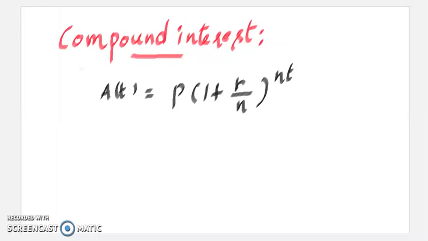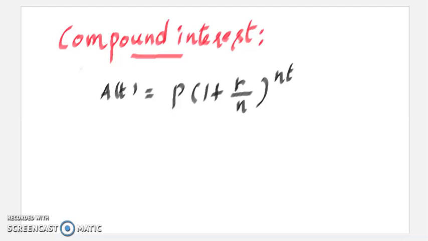Coming to the most interesting topic, compound interest. First of all, what is compound interest? Calculating the interest by adding the interest to the principal amount after a regular break is called compound interest.